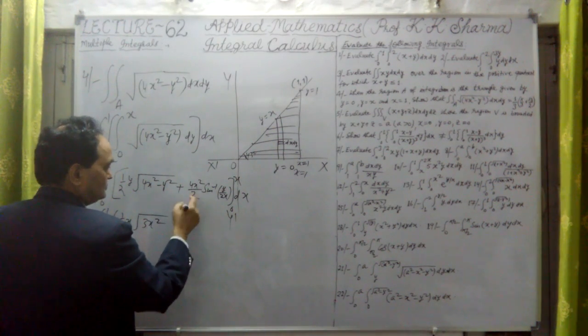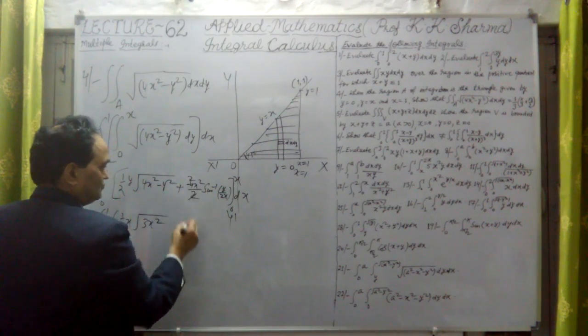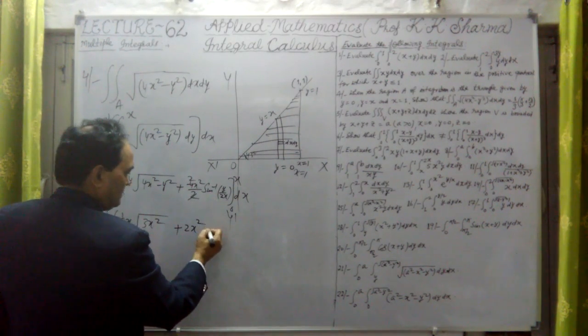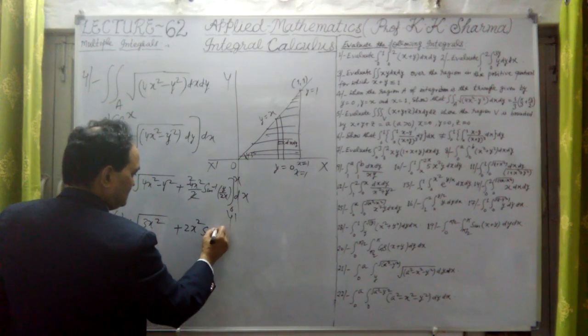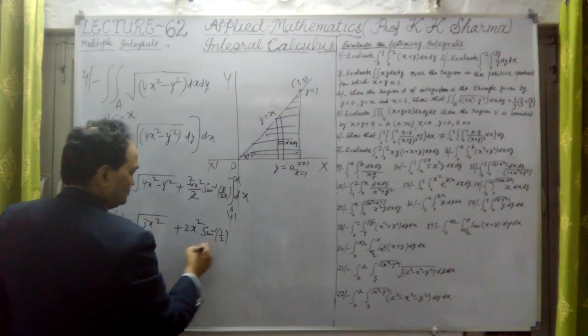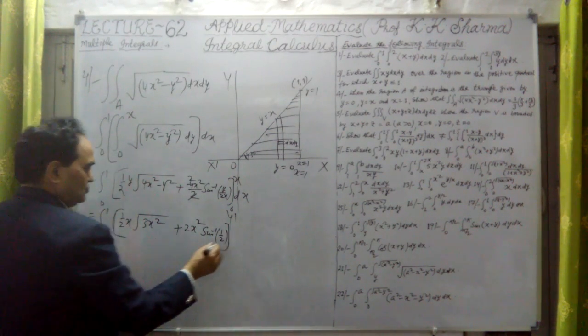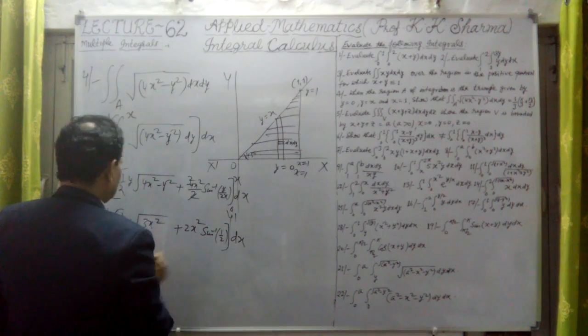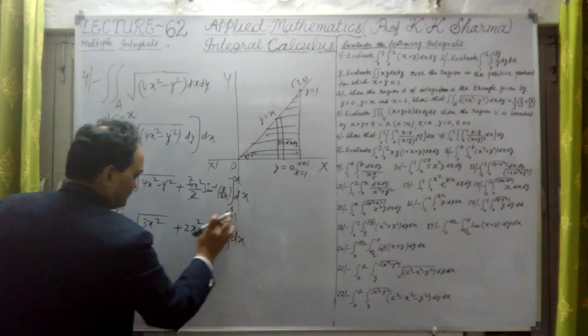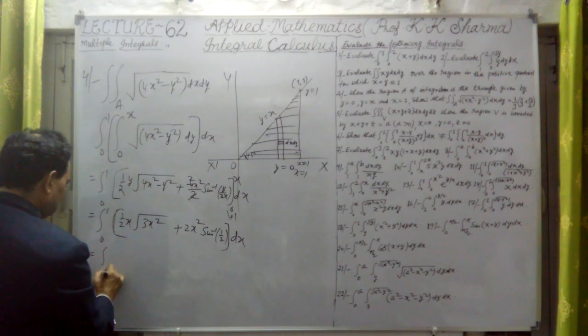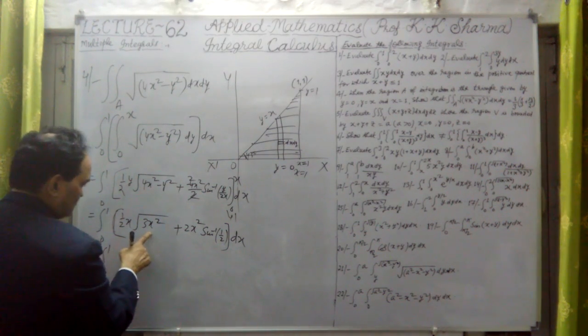Plus this is 2x² into sine inverse, y is x, so x upon 2x is 1/2, into dx. Now let me find out the solution of this. This solution is 0.